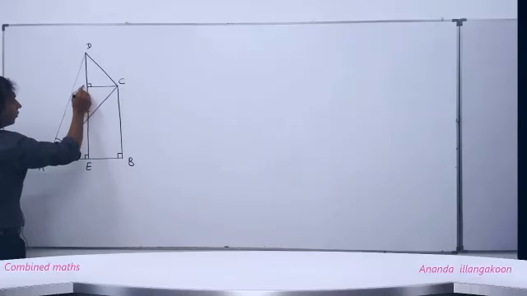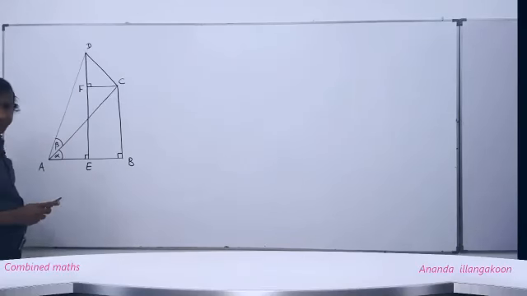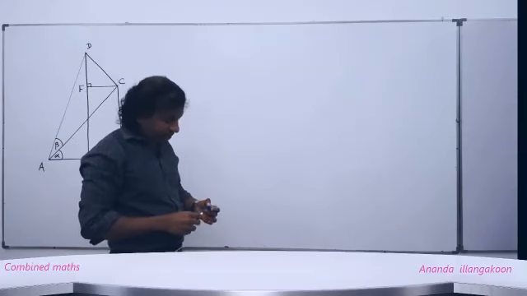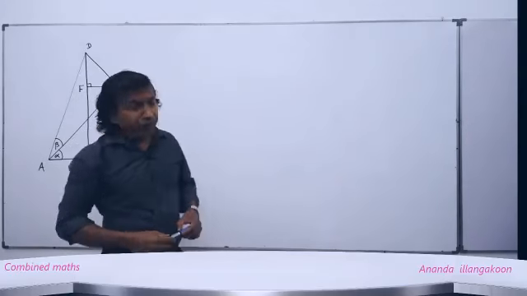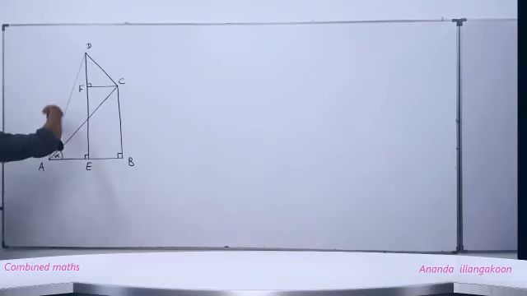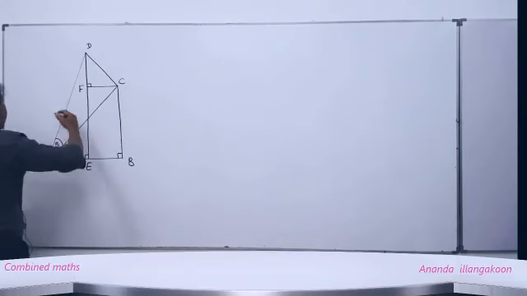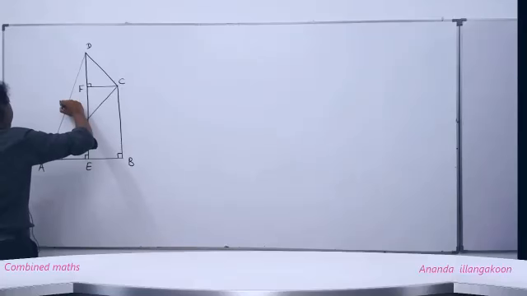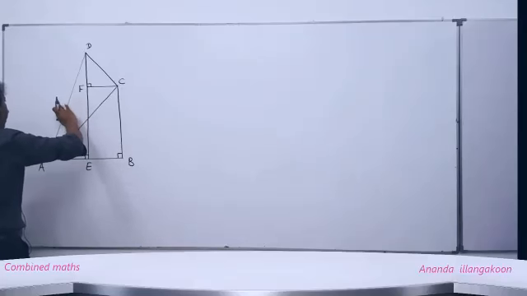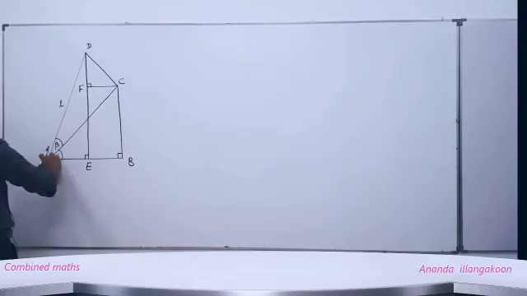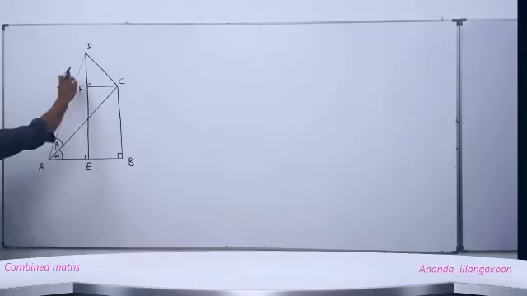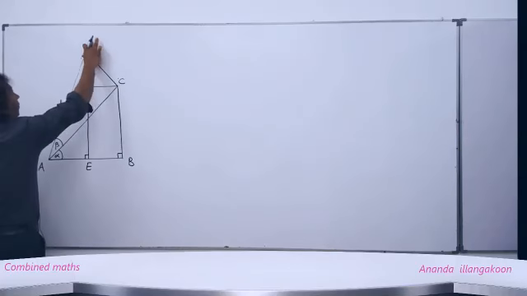Like this, suppose this is F. This is F. Understood? Right. Now we are given the length of this hypotenuse AD. This length is given. AD length is L.